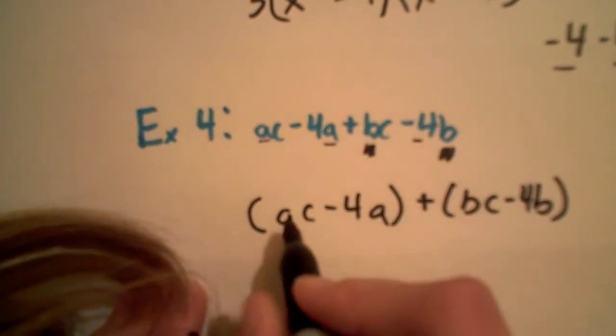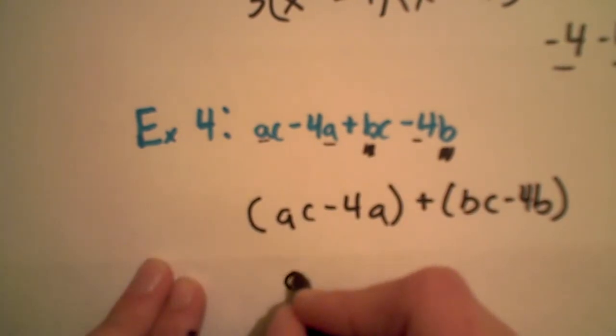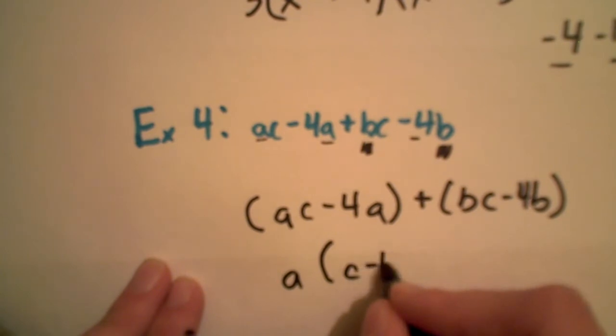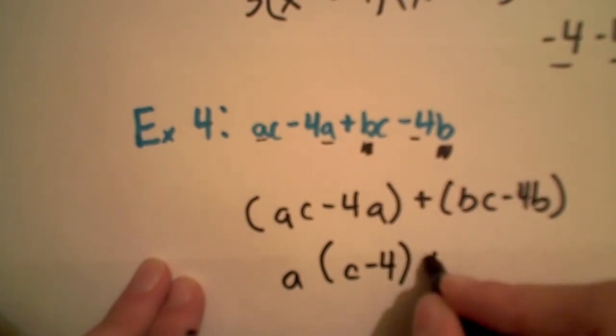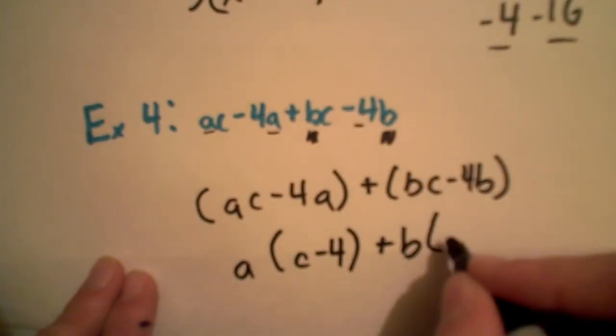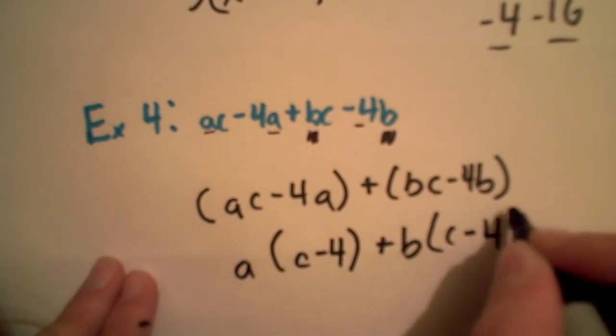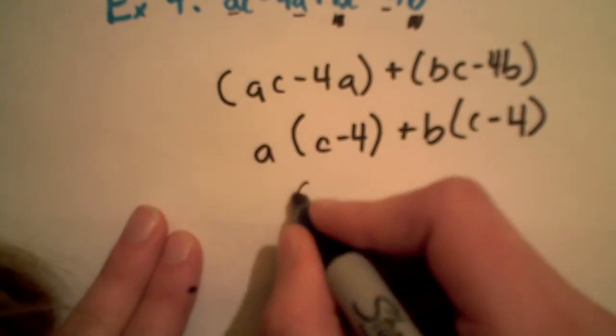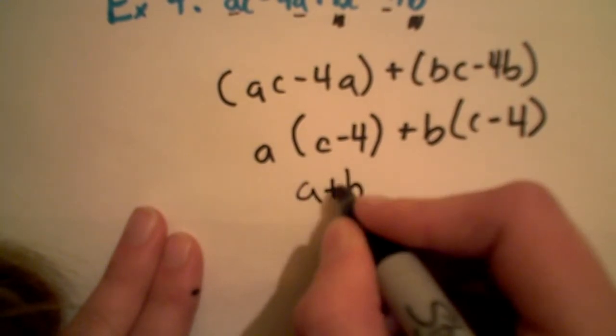Then I can take out the common things, like a(c minus 4) plus b(c minus 4). And then, like I said, there's one more step, and it's just to put it like that: (a plus b)(c minus 4).